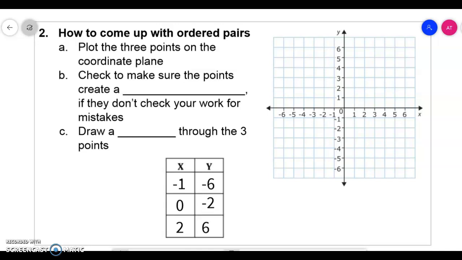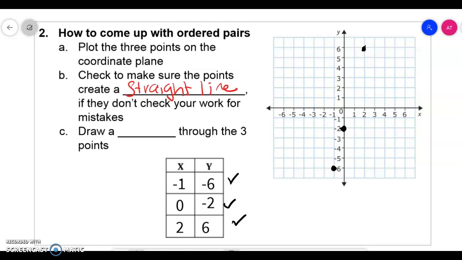So I'm going to go x to negative 1, so I'm going to go left 1 and all the way down to negative 6 and put a dot. And I'm going to check it off to show that I've completed it and graphed it, so I'm not double graphing. So 2 and 6. Alright, so it says check to make sure it creates a straight line.